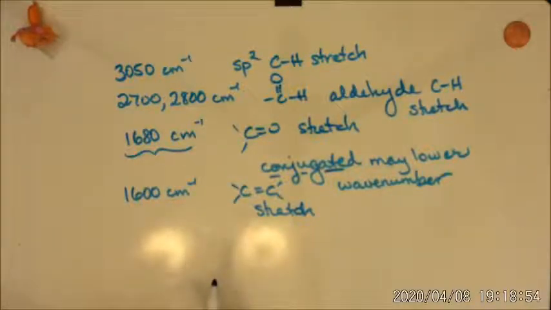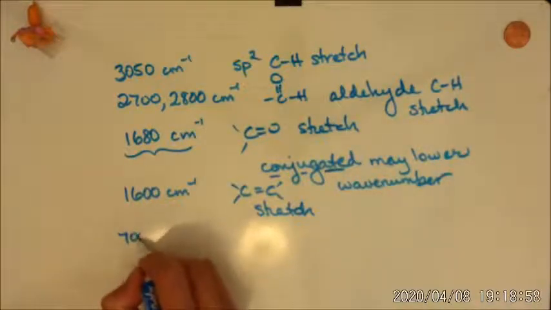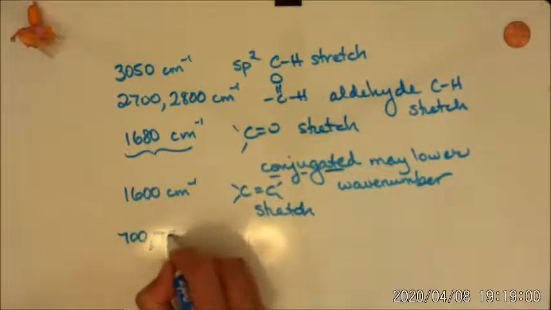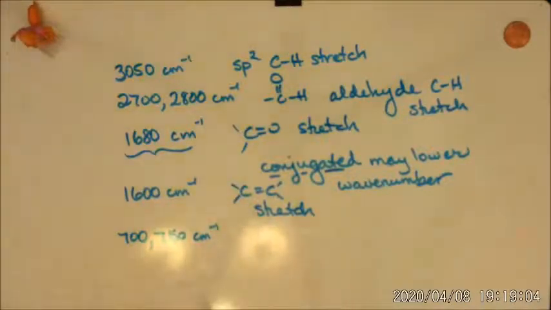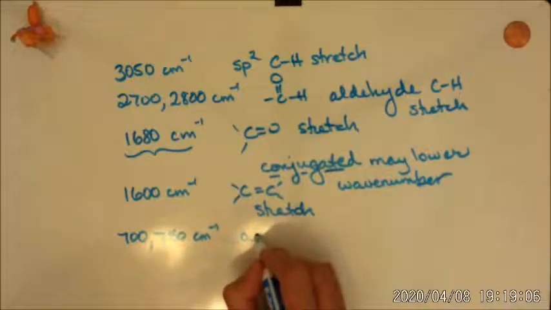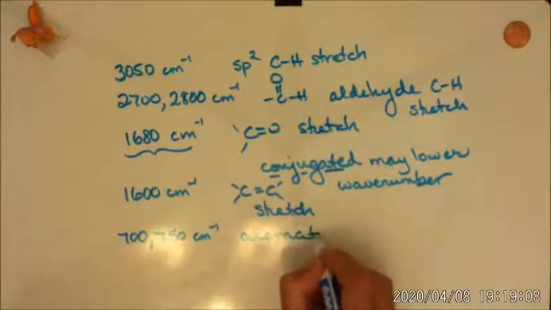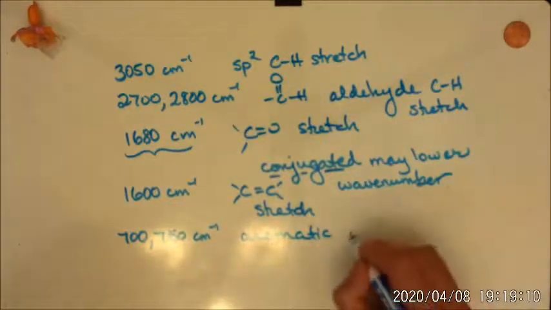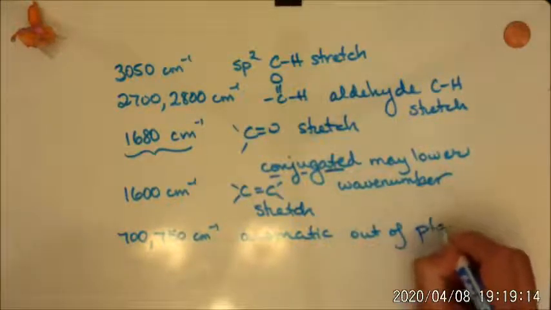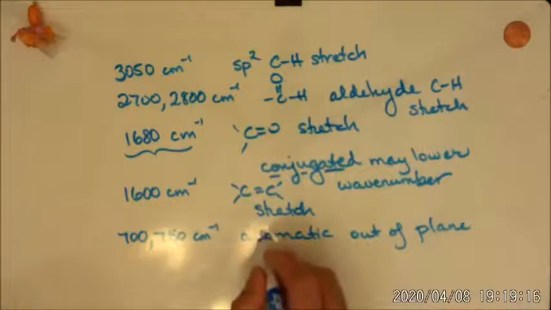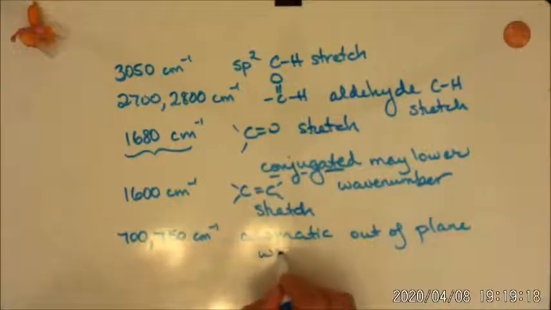I have an arrow indicating around 700 and 750 wave numbers. Okay, and if you go back to the aromatics, this is an aromatic out of plane bending, wagging.